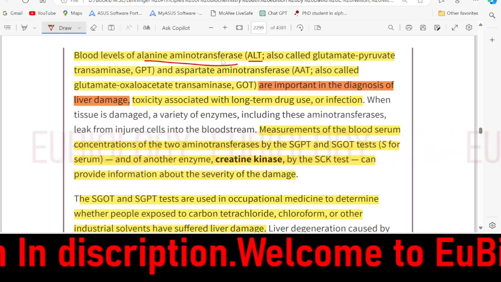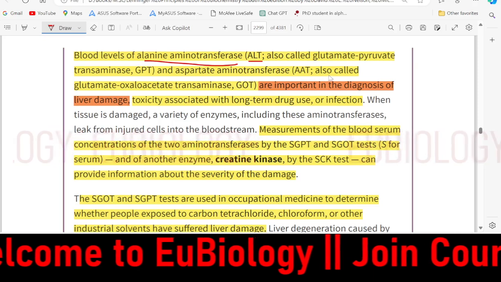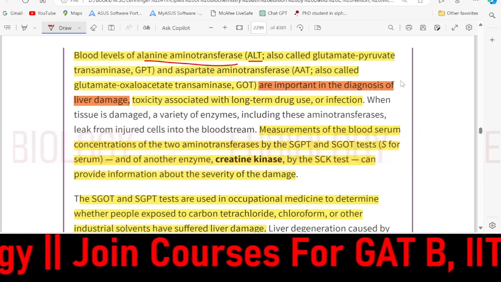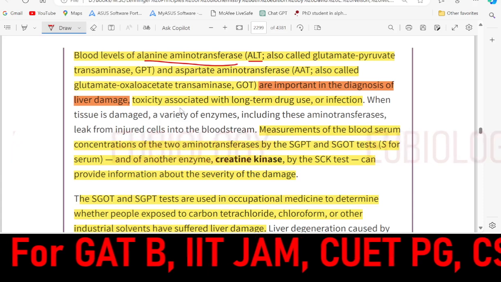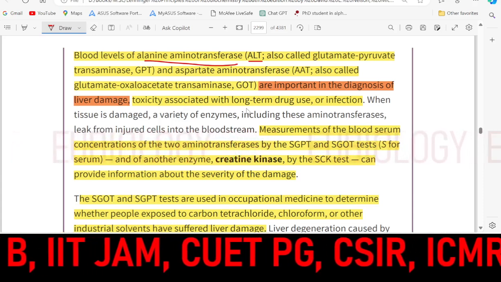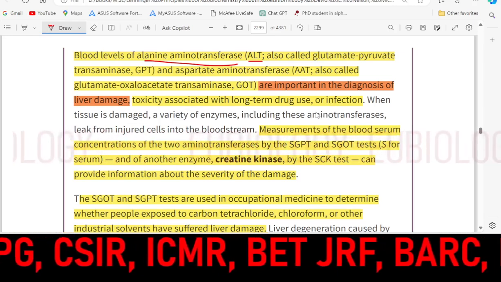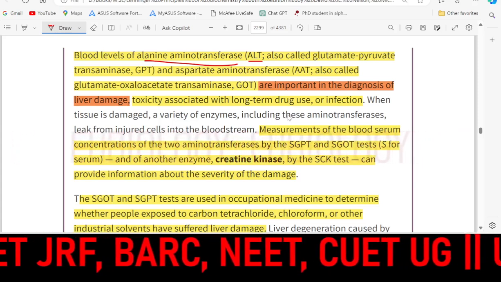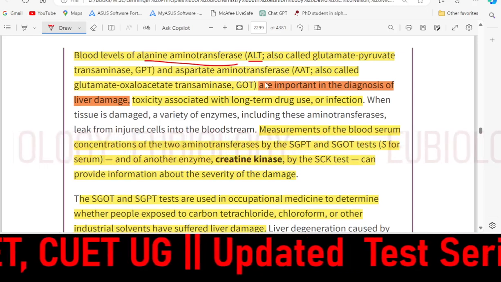Now, alanine aminotransferase and aspartate aminotransferase also play a very important role in the diagnosis of liver damage. Whenever tissue is injured by any infection or by overdosing of any drug, you will get a more abundant amount of these enzymes in your blood.